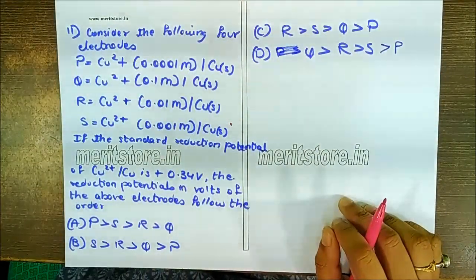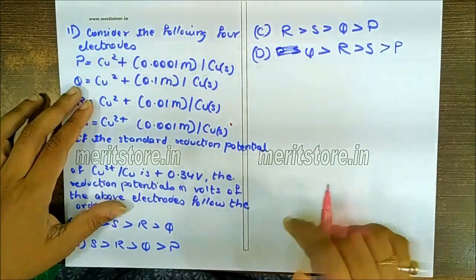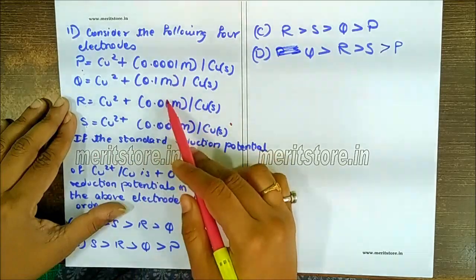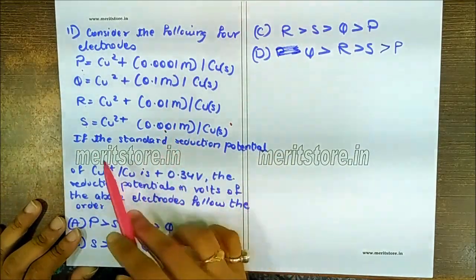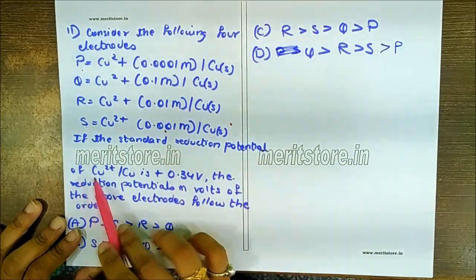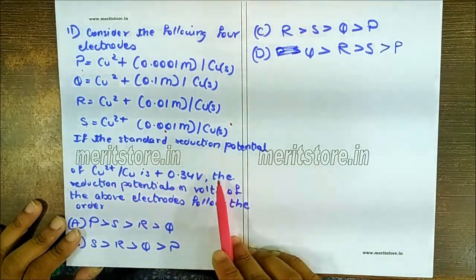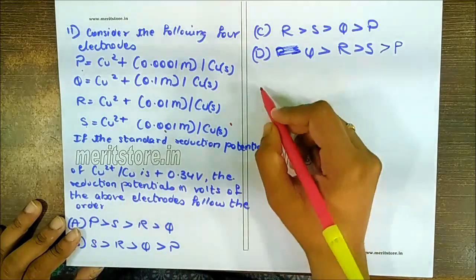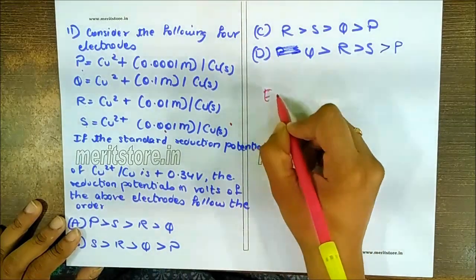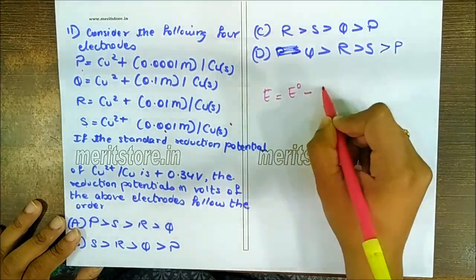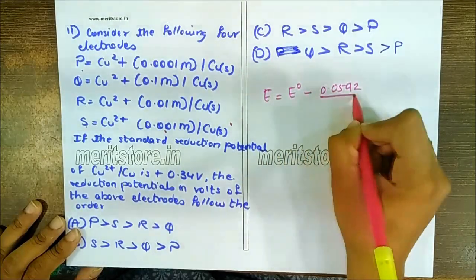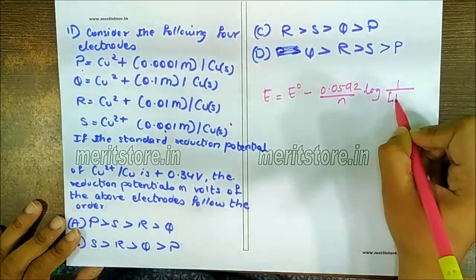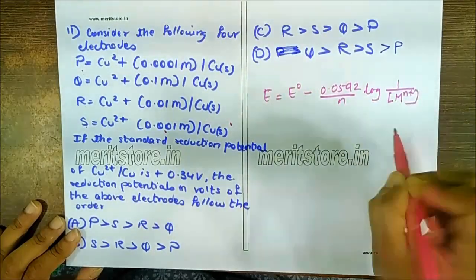Question number 11: consider the following 4 electrodes P, Q, R, S, with different concentrations of Cu2+ ions given. If the standard reduction potential of Cu2+/Cu is 0.34, the reduction potentials in volts of the above electrodes will follow the order. In this case we have the formula E = E0 - 0.0592/n log10 (1/[Mn+]).